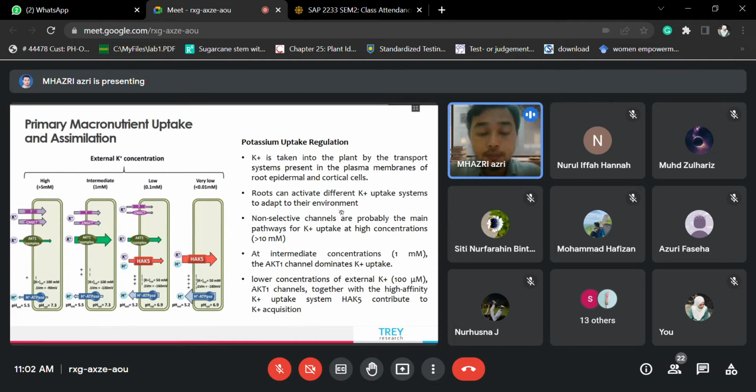If this potassium ion exists in soil solution in very high concentration, plant roots will absorb these elements through non-selective channels. Okay, passive transport. These channels will not require any, apa tak perlukan energy. Okay, but when the concentration of potassium is very low or intermediate, plants will activate certain transporters to take up this potassium ion from soil solution.